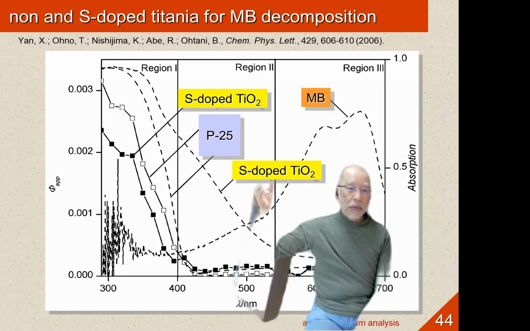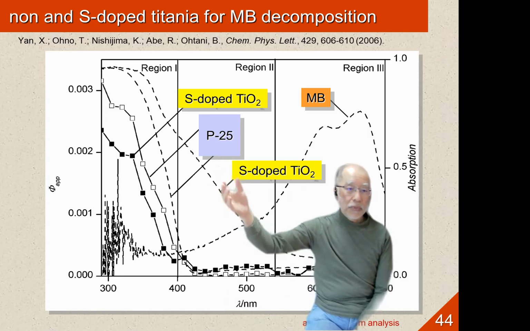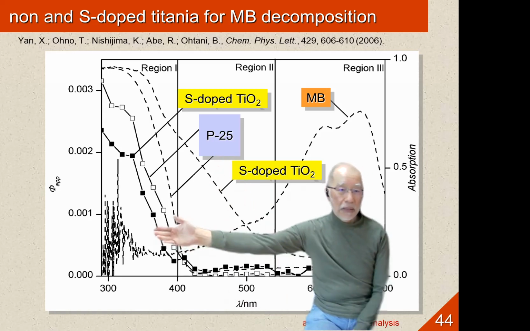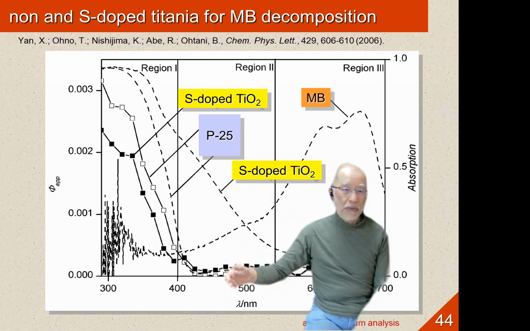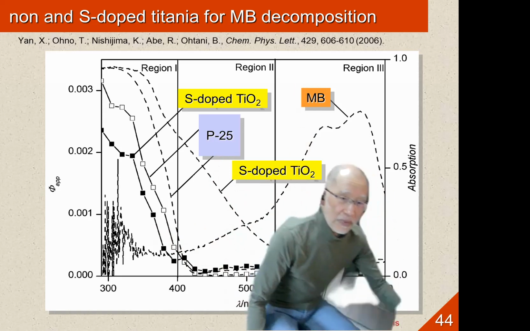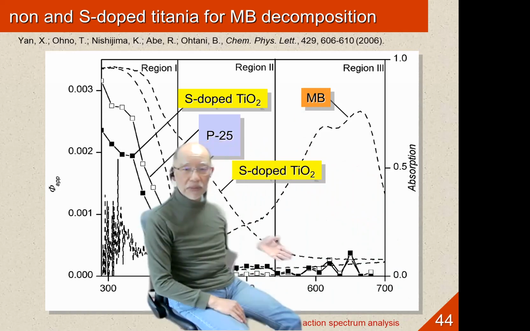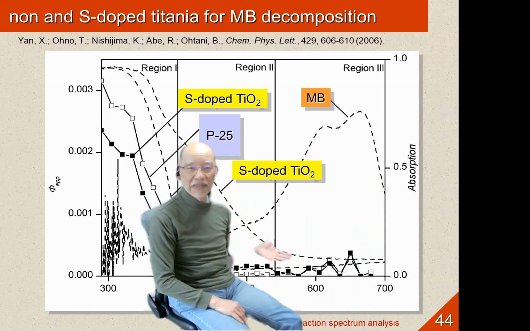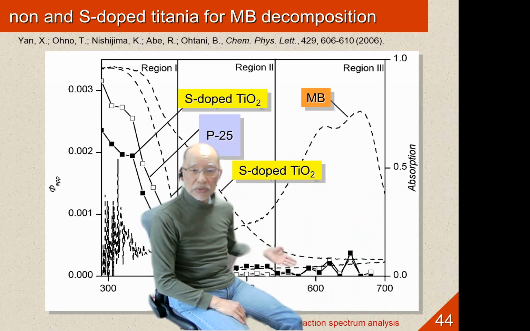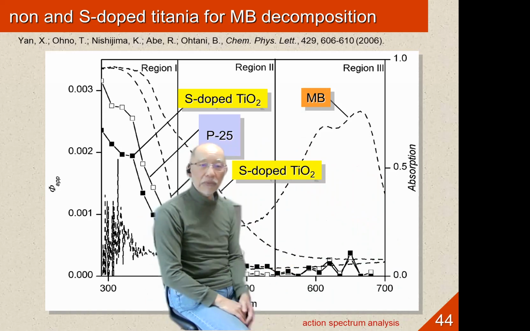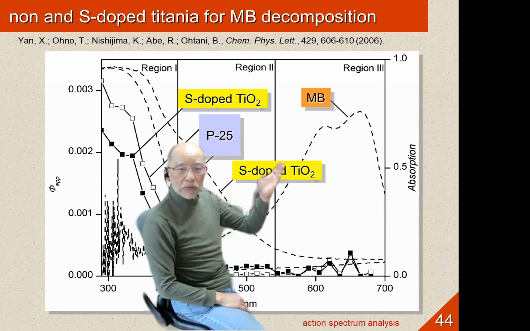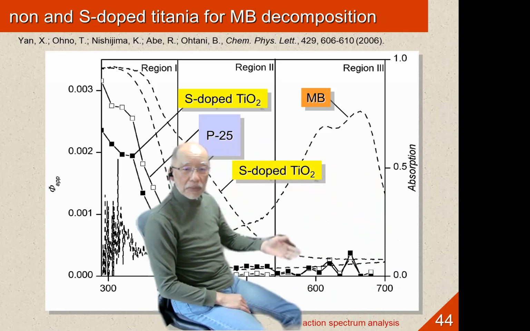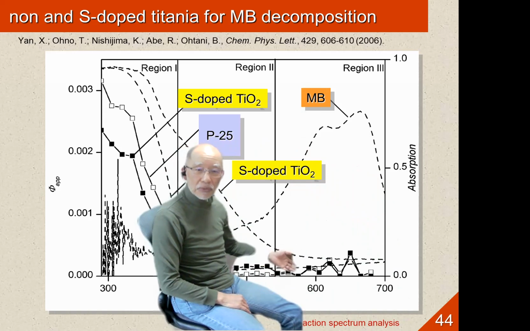And the sulfur-doped titanium has absorption, but actually at this wavelength, not so much. And an important point is here is something. In this region, 600 to 700 nanometers, both P25 and the sulfur-doped titanium do not absorb light. But here is an action spectrum.